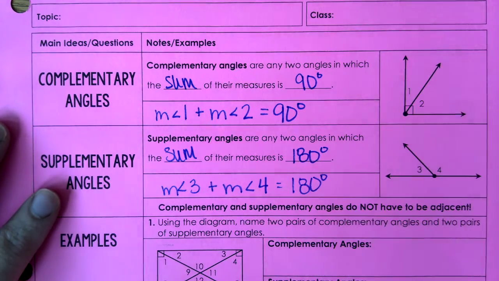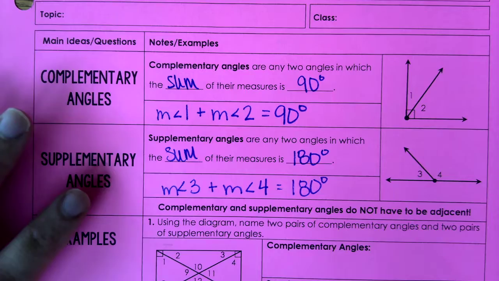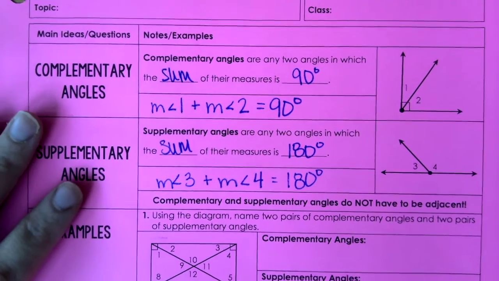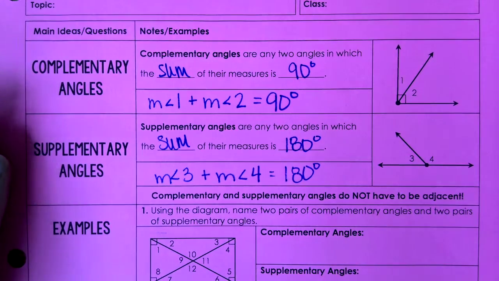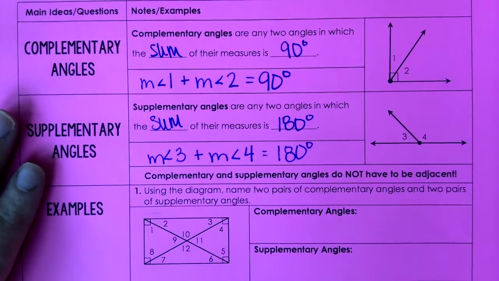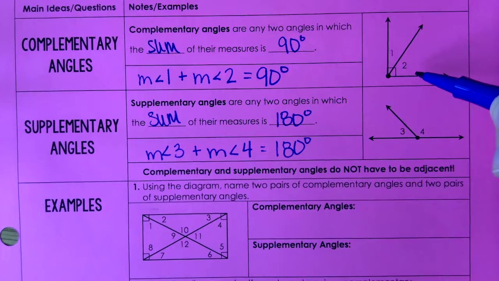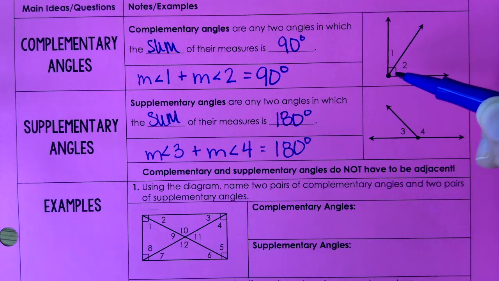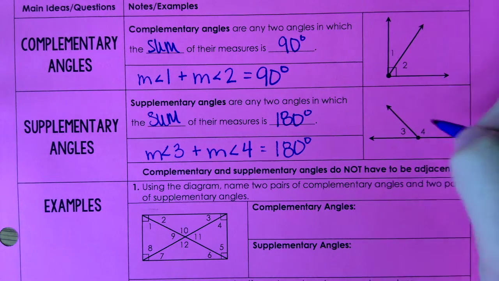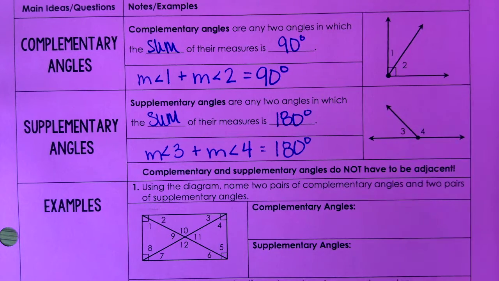The angles we were working with yesterday, when we added them together to make a straight angle of 180 degrees, were actually supplementary angles. So that's the difference: angles 1 and 2 add to make 90, and angles 3 and 4 add to make 180.